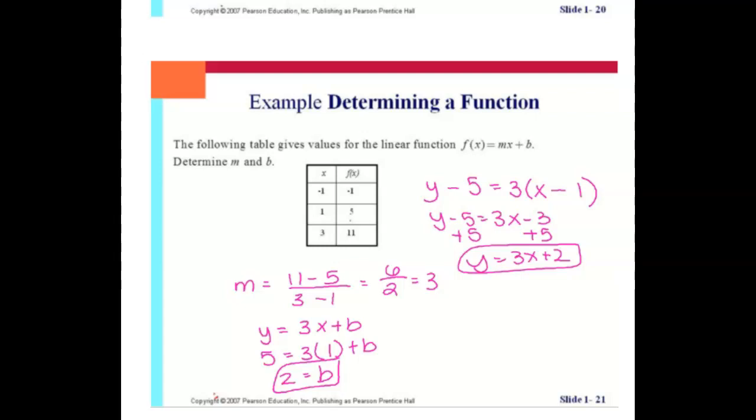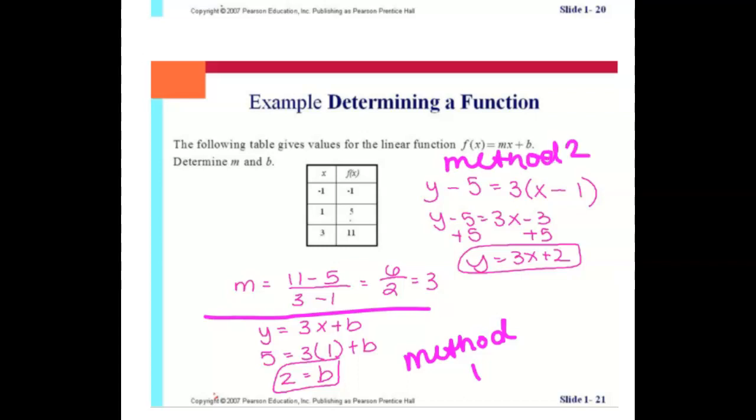So this is method 1, and this is a second method. Both are acceptable and get you to your answer. Since it says determine M and B, if you use method 2, just make sure you tell me that B is equal to 2. Because I need to know that you know what's B.